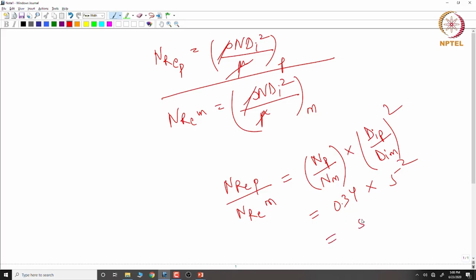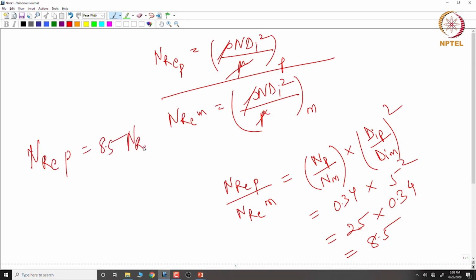So this is 25 times 0.34, which comes out to 8.5. So we can say that the NRE at the prototype is 8.5 times the NRE at the model type.